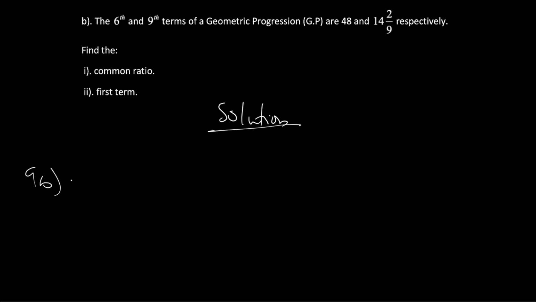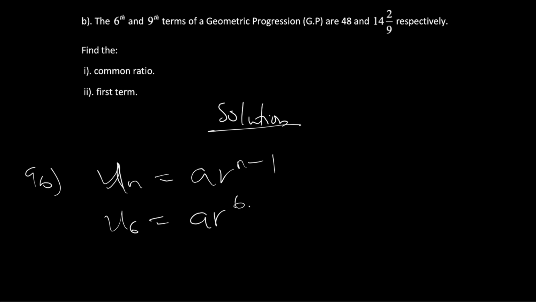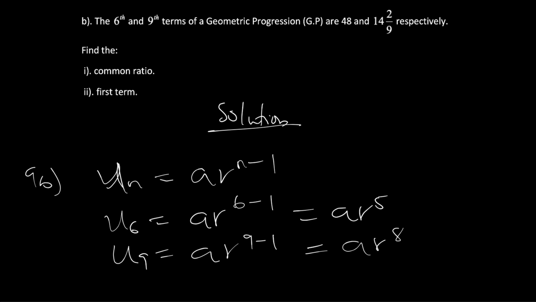So we know that for a geometric progression, U_n is equal to AR^(n-1). So for our 6th term, we have AR^(6-1), which is equal to AR^5. And for our 9th term, we have AR^(9-1), which is equal to AR^8.